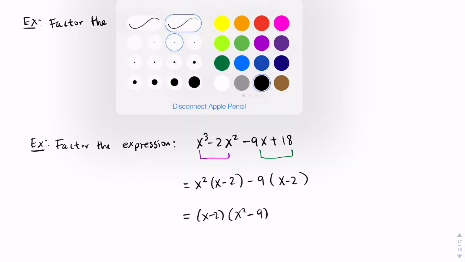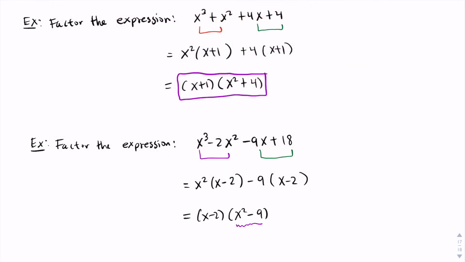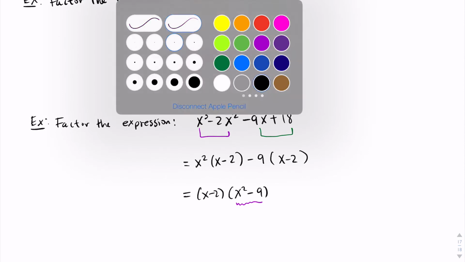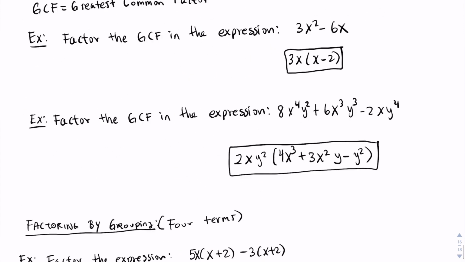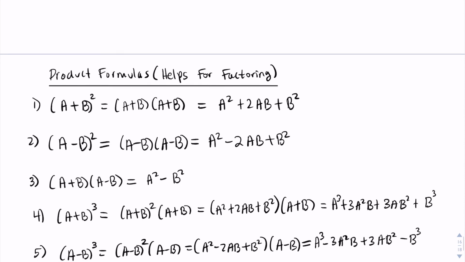Now consider this one right here, x squared minus 9. Do you know that you can factor that one a little bit more? Because this one is nothing more than the difference of two squares. This one is x minus 2 times x squared minus 3 squared. And the difference of two squares, according to the special formulas we had here, this is number 3 right here.